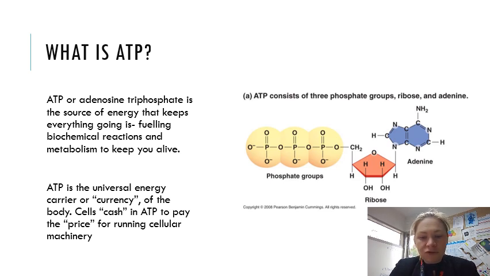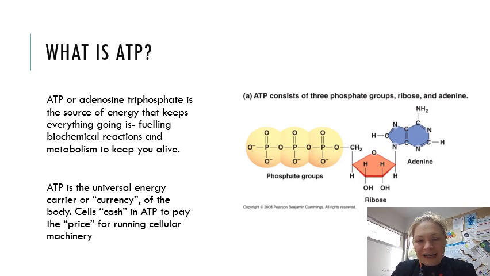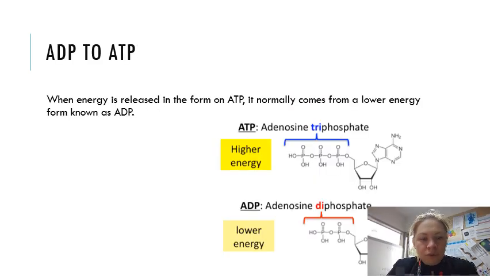So you can see a little diagram just here where we can see some phosphate groups, and we should be able to count 3 of them: 1 phosphate, 2 phosphate, 3 phosphates attached to a ribose sugar and an adenine group. When we release energy, ATP breaks down into a molecule called ADP, or adenosine diphosphate.